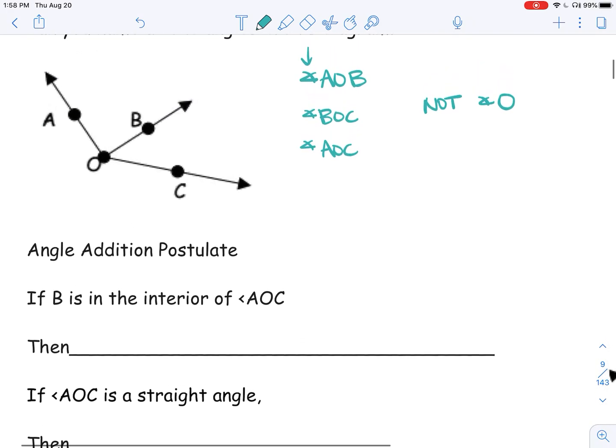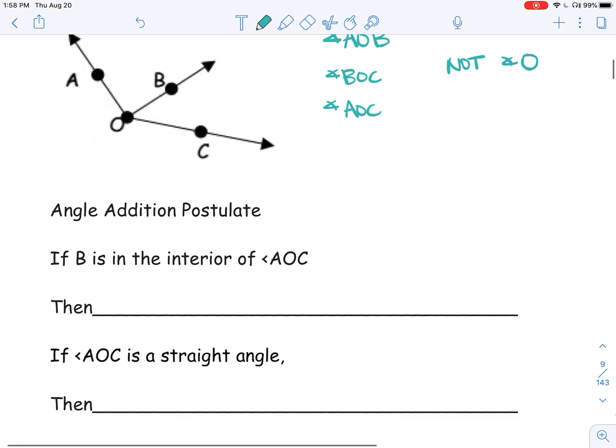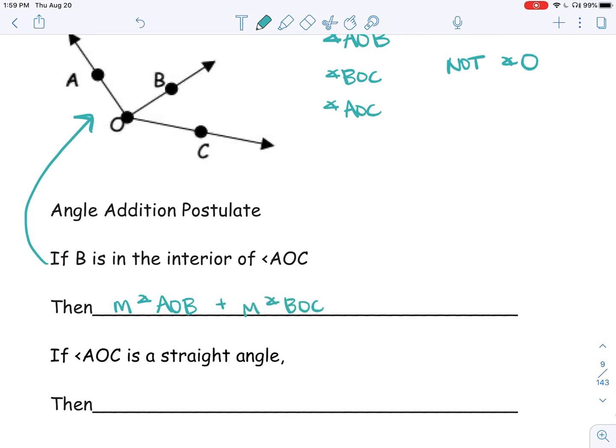So our angle addition postulate, much like our segment addition yesterday, tells us that if B is in the center of angle AOC, like this diagram up at the top, then the measure, it's a little m, of angle AOB plus the measure of angle BOC is equal to the measure of the whole thing, angle AOC.